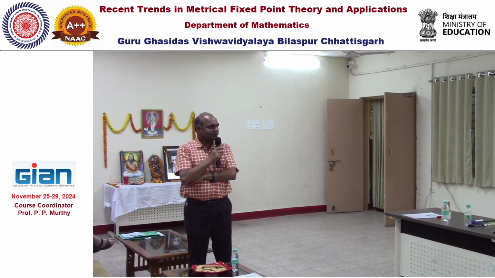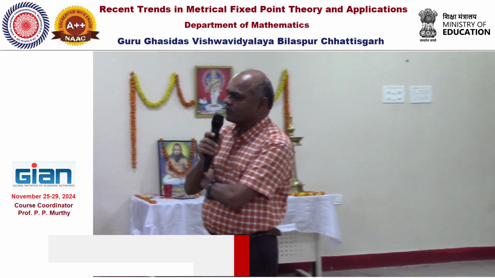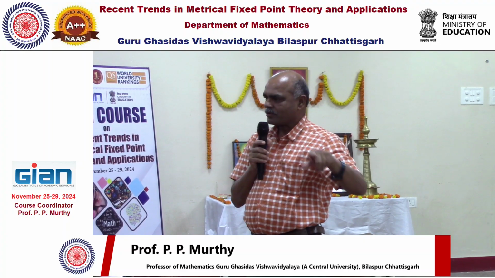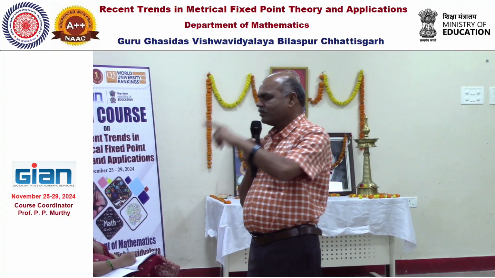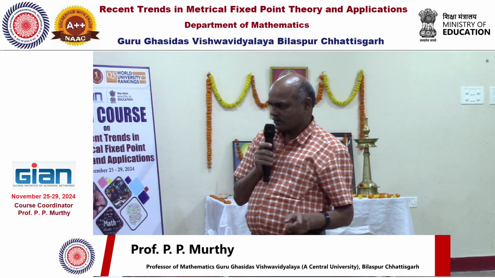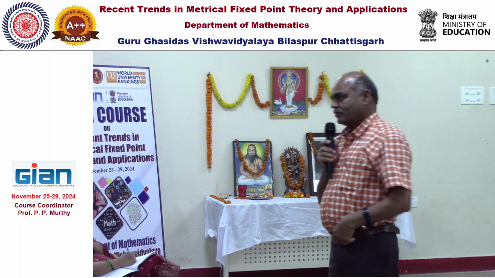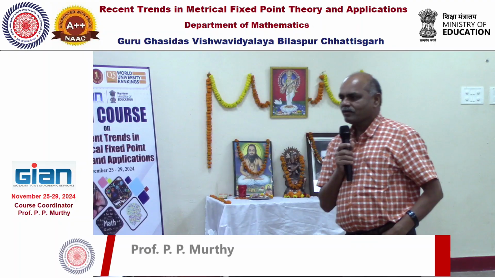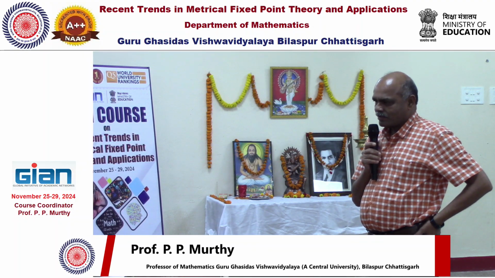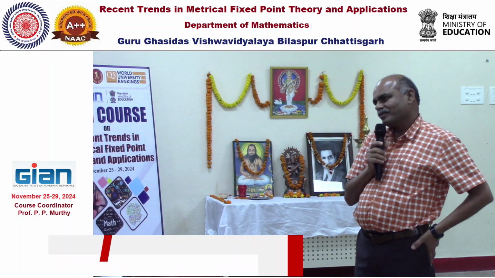That is how the cyclic contraction has come: you have a map, the image of A is in B and the image of B is in A back. So this is highly interesting, and recently one of my students who was awarded a PhD had her whole thesis on proximity points.